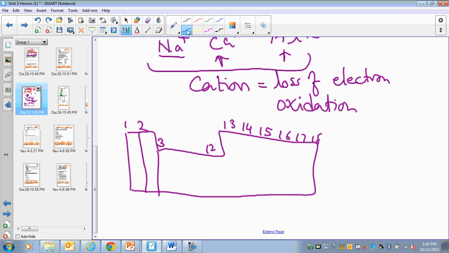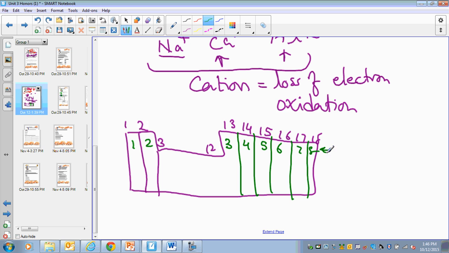Let's do the valence electrons for them: 1, 2, 3, 4, 5, 6, 7, and 8. This is how many valence electrons they have. So who doesn't need to do anything? According to the octet rule, they want 8 valence electrons in the outermost energy level. This whole group doesn't have to do anything.